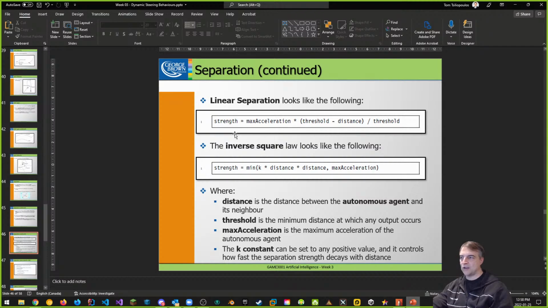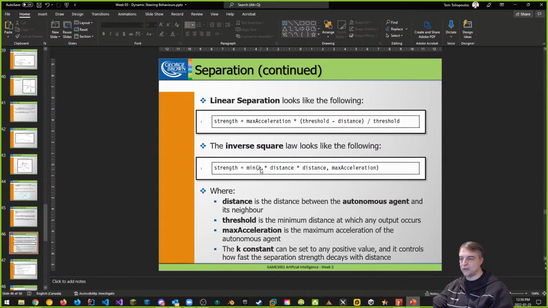Or I can use something called the inverse square law, which calculates the distance squared, distance times distance. And I want to take the minimum value between some kind of k value, and the k constant can be set to a positive value. It controls how fast the separation strength decays with the distance.